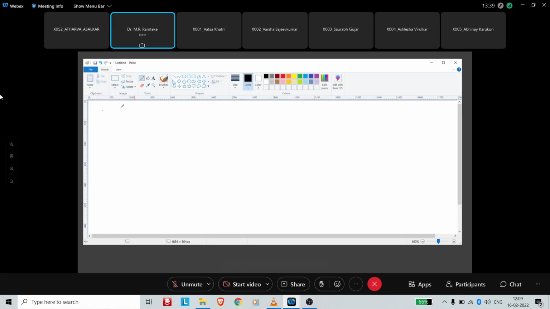Today we will see the phasor diagram on load and on no load. No load we already studied. Now we will be studying the phasor diagram on various load conditions.